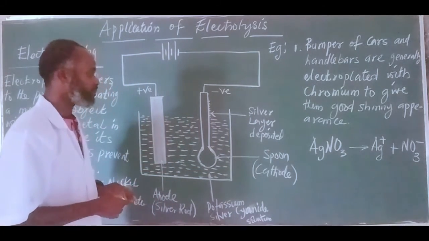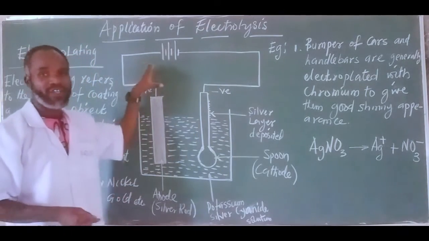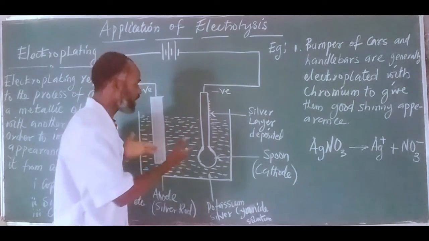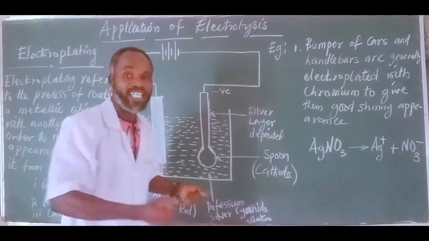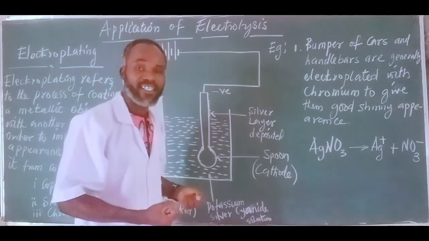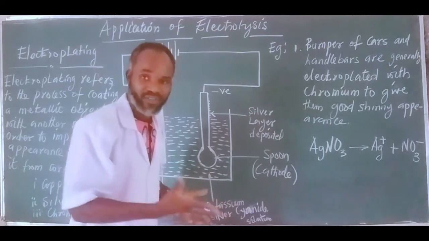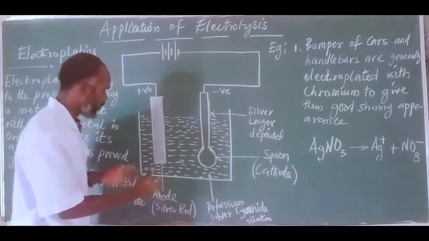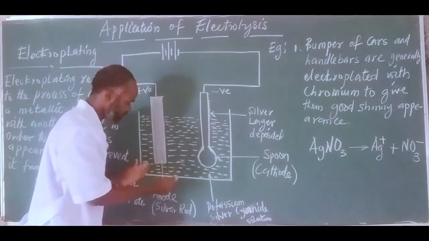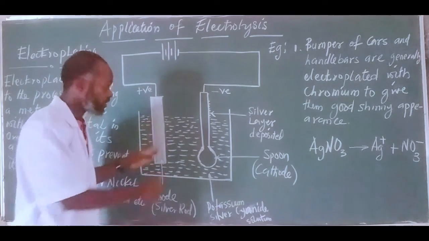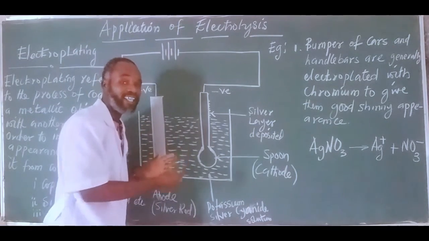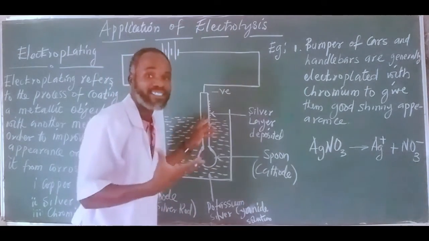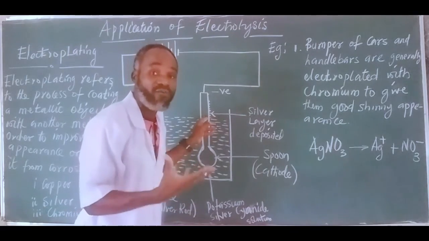What happens here is when current is made to pass into the system, of course, the electrolyte becomes energized. Once energized, the ionic process begins. And then the anode is a silver rod. Of course, the solution, that is the electrolyte, is silver nitrate, because we want the spoon to appear in silvery form or to have the silver look.